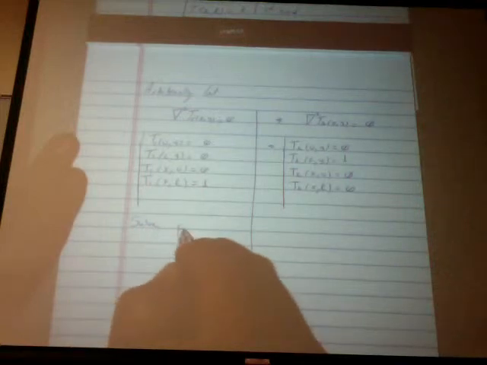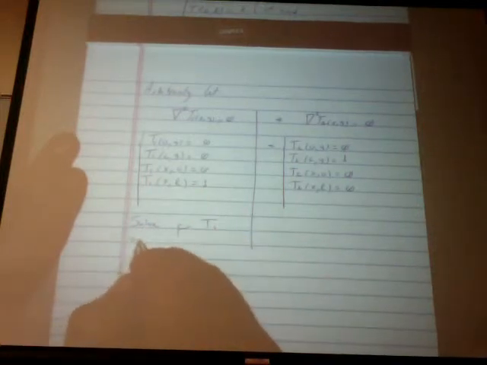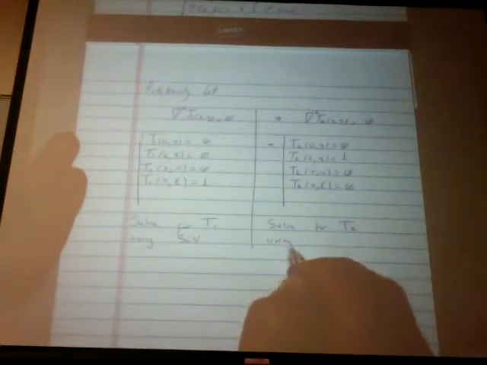Solve for T1 using SOV and solve for T2 using SOV.